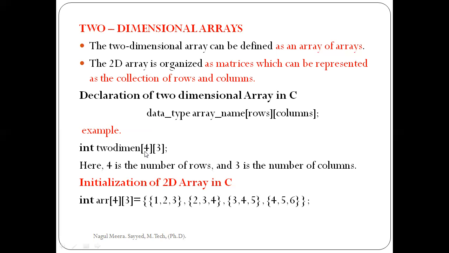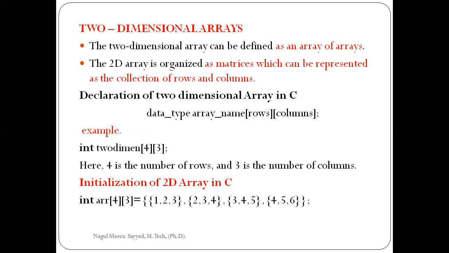That means I am declaring a two-dimensional array with four rows. Here there is another subscript for columns. I mentioned three, that means three columns. So simply I am declaring a matrix which consists of four rows and three columns.